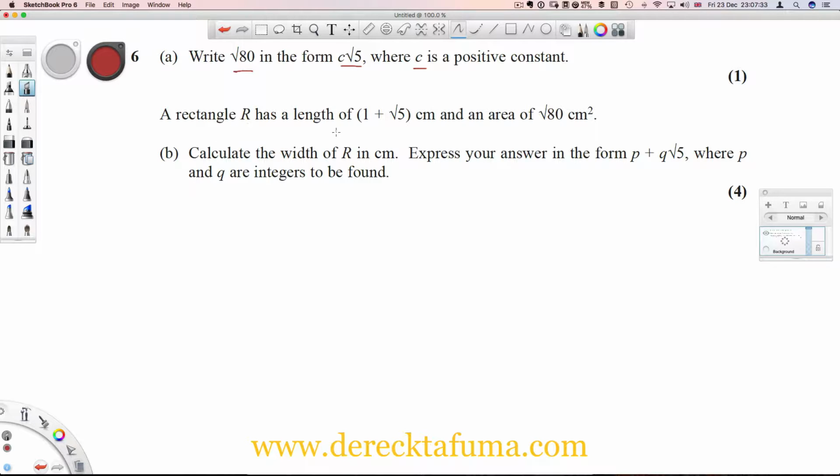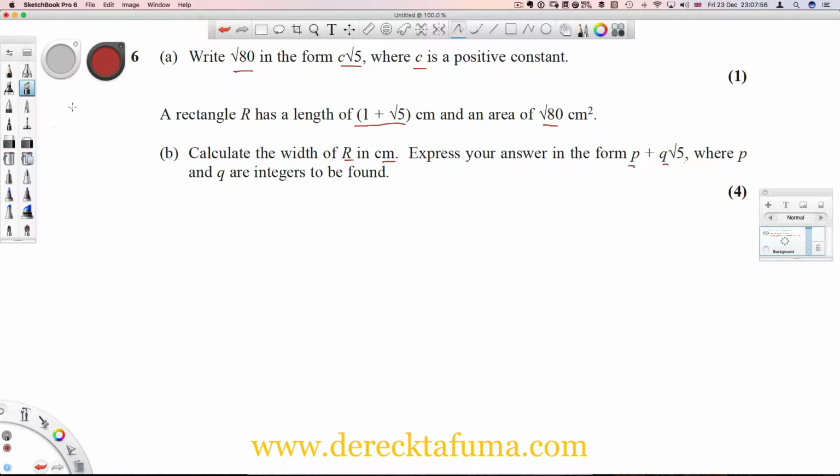A rectangle R has length of 1 plus root 5 centimeters and an area of root 80 centimeters squared. Calculate the width of R in centimeters and express your answer in the form P plus Q root 5, where P and Q are integers to be found.